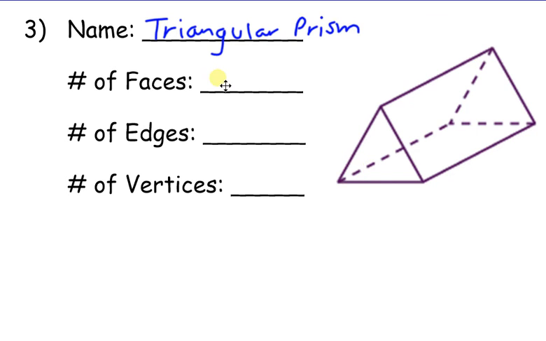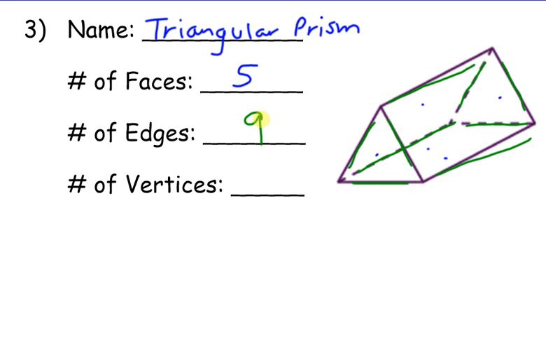So let's see how many faces it has. Well, it has the two triangles, 1 and 2. And then it has this one here, so this is 3. It has the one on the bottom, 4, and then it has one on the side, 5. So 5 faces. Now let's see how many edges it has. So we have 1, 2, 3, 4, 5, 6, 7, 8, 9.